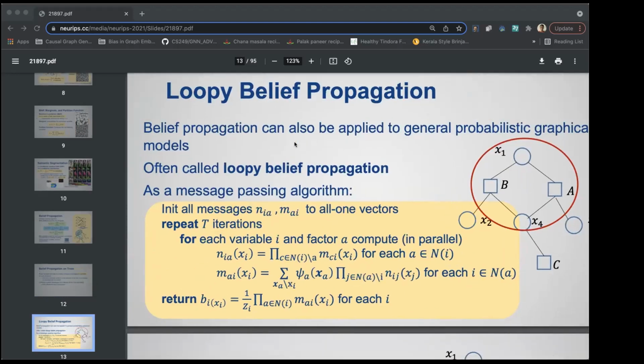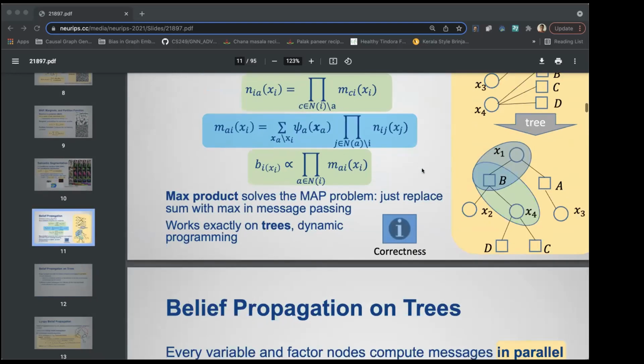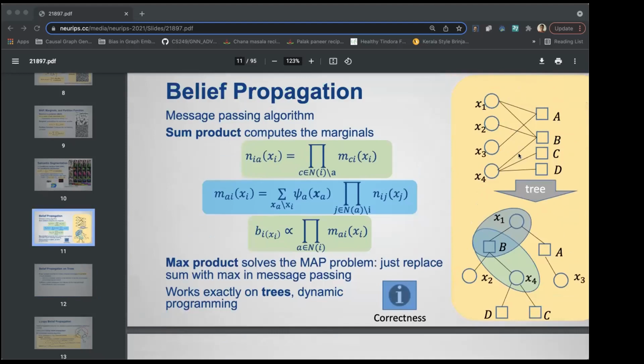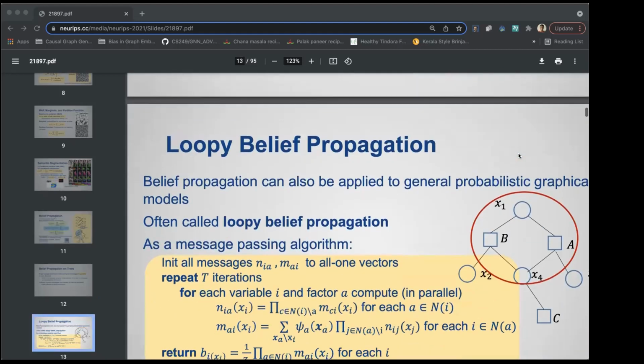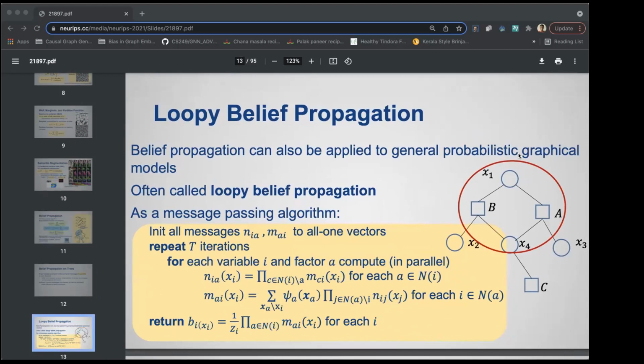And so we might also see loopy belief propagation, given that we are only considering the case of trees. There's also the case where there might be some cycles. And what do we do in that case? There is an algorithm, loopy belief propagation, which is an approximation algorithm.